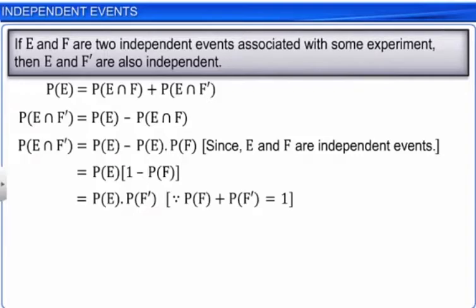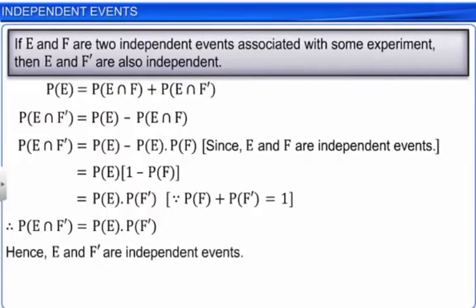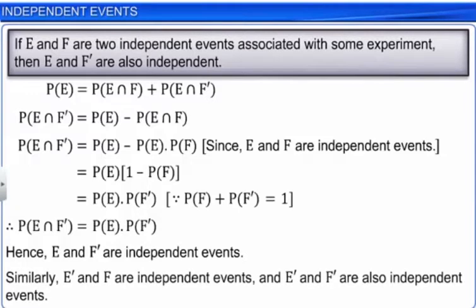Therefore, the probability of E intersection F complement is equal to the probability of E into the probability of F complement. Hence, events E and F complement are also independent events. Similarly, it can be proved that E complement and F, and E complement and F complement are also independent.